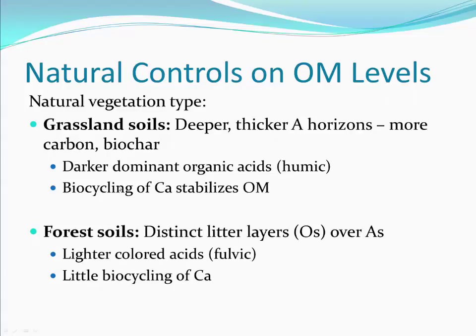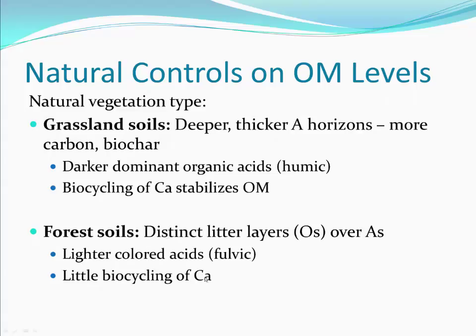So biocycling is when plant roots bring nutrients to the surface, and that's what grasses do. Now there are a few forest trees that do biocycling, but not very many. Some maples and a few other trees do this, a few of the oaks, but most of them do not.